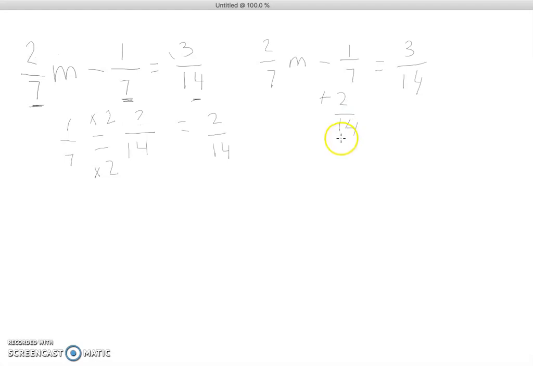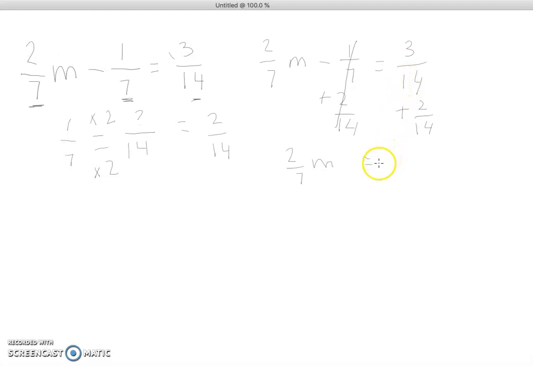So like in the last video, if there's a negative number right here, you have to add to cancel it and make it 0. So we're going to add 2 over 14 to this side. So this cancels out, becomes 0. So we have 2 over 7 m here, which is equal to 3 over 14 plus 2 over 14.